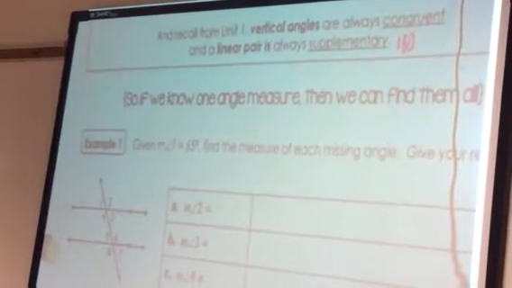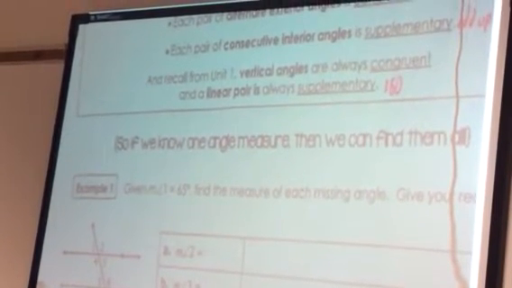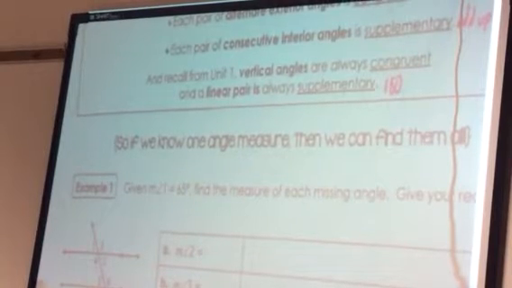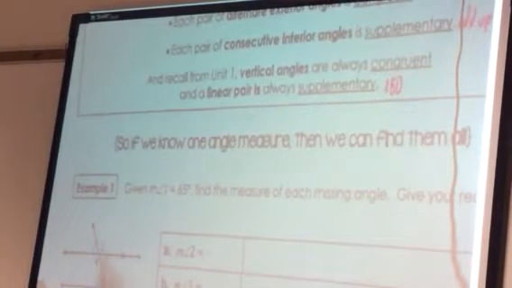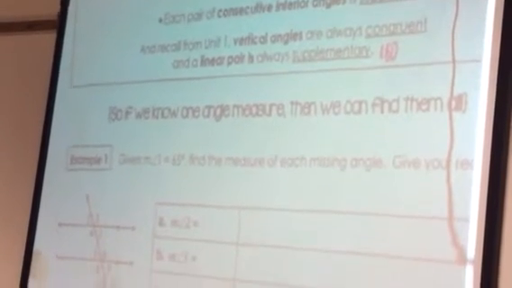Now, really important. Whenever I'm talking about the 4 angle pairs from Tuesday, we talked about this on Tuesday, one has to come from this group, and the other one has to come from this group, right? If I'm talking about vertical angles and linear pairs, they come from the same group.